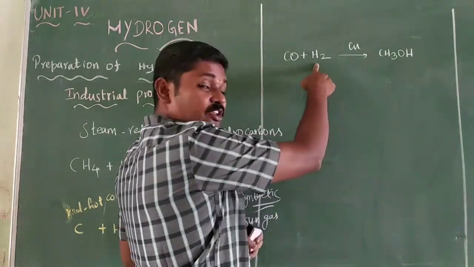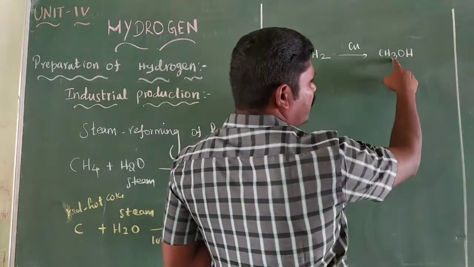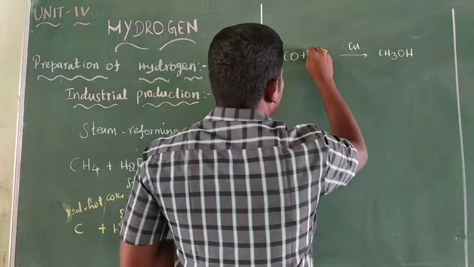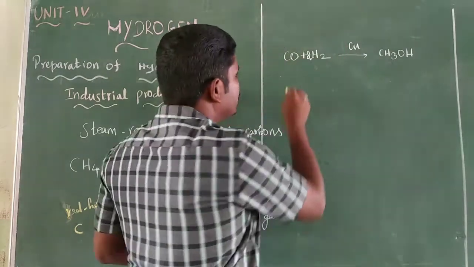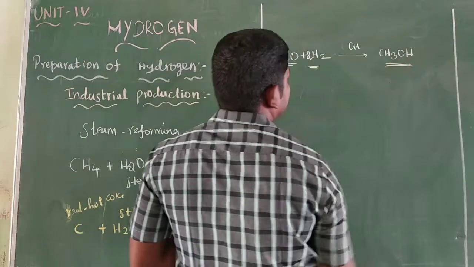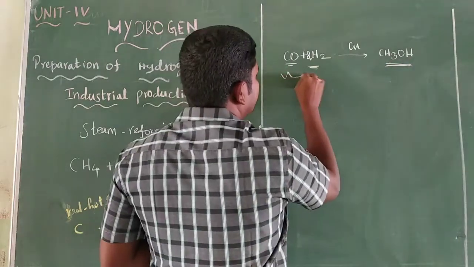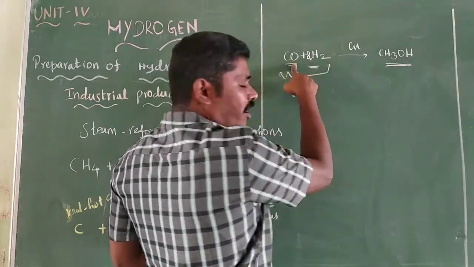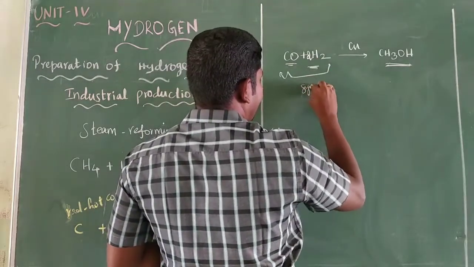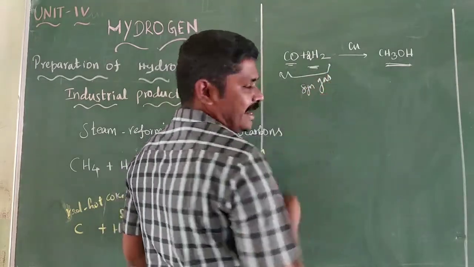On the reactant side 2 hydrogen, but product side 4 hydrogen. So 2 hydrogen, 4 hydrogen, so 2. CO plus 2H2 gives CH3OH. Right?